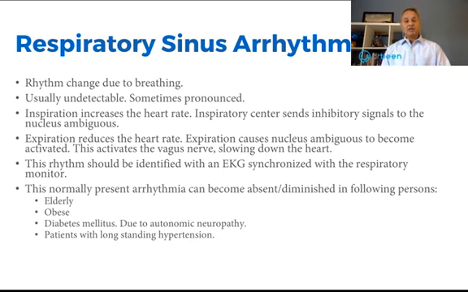Then there is the respiratory sinus arrhythmia. As we talked about, some people call it sinus arrhythmia as well. I would like to call it RSA just to make sure that we are differentiating it. Respiratory rhythm changes are, as I said before, due to the inspiratory center in the medulla. When we inspire, it causes the nerve impulse to spill into the sympathetic system, and that causes sympathetic discharge, and the heart rate becomes faster.